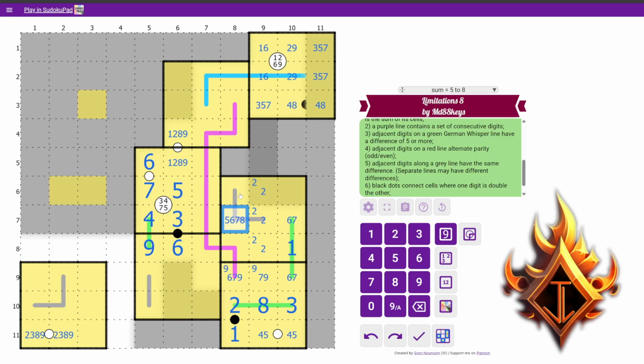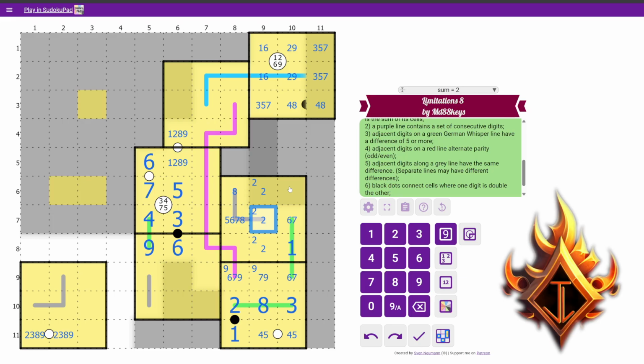Well, no, not only. This could be 9, 7, 5, 9, 6, 3. Well, it can't be 3. It could be 9, 6, 3 that way. However, so let's try 2. 2, 5, that would be 8. 2, 6, that would be 10.